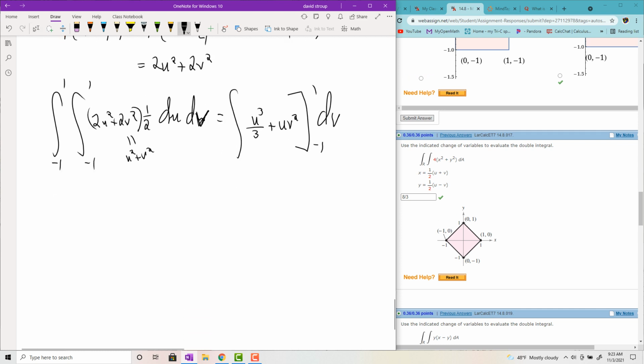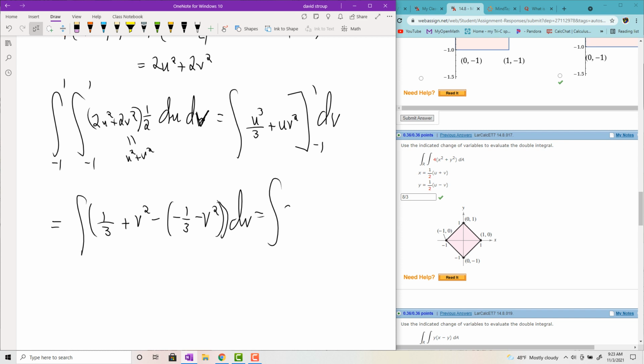That's going to be 1 all over 3 plus v squared minus negative 1 all over 3 minus v squared dv. And that will equal 1/3 plus 1/3 is 2/3. V squared plus v squared is 2v squared. I need to integrate that with respect to v.